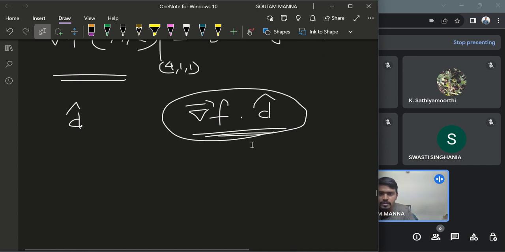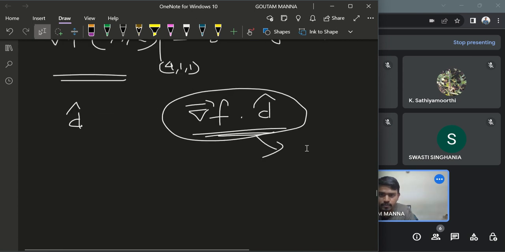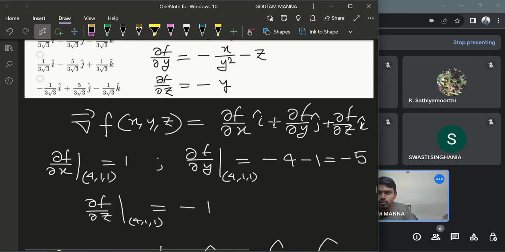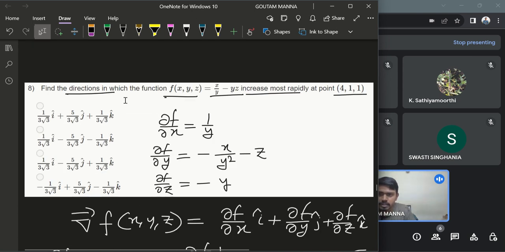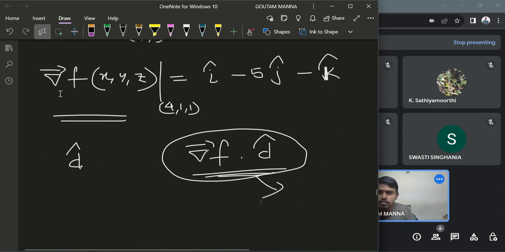So now this is basically a dot product. Now in what direction will the dot product be maximum? It will be along the direction of the vector. So the direction in which the function increases the most will be the direction of this grad of f.